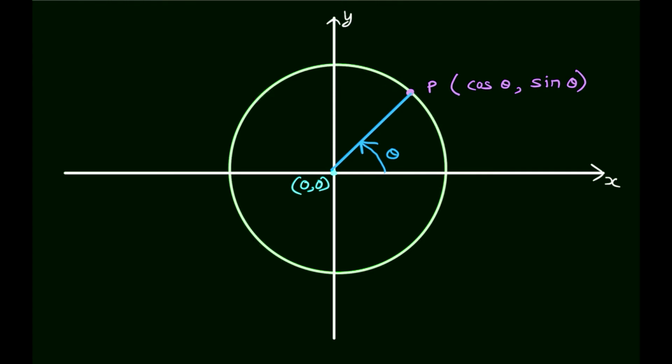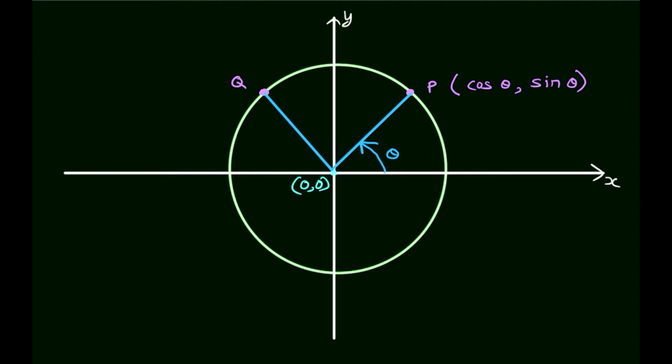Let me call this point Q. Now I have to write the coordinates of this point Q. In order to write the coordinates, I need to first find the angle that this point Q is making with the positive x-axis. So I'll just draw a line connecting this point Q with the origin.